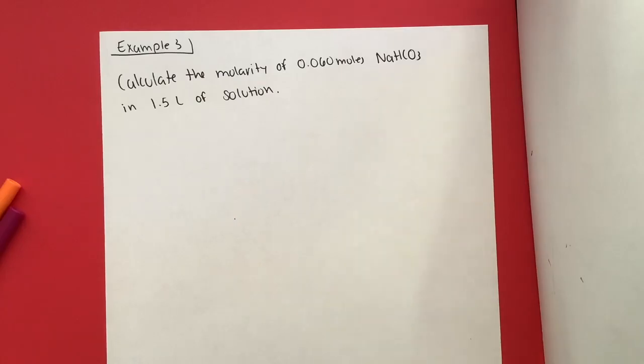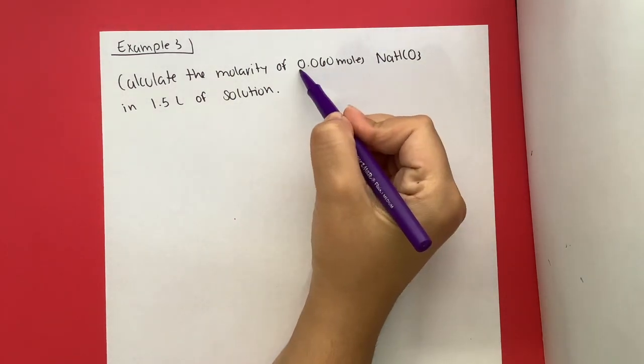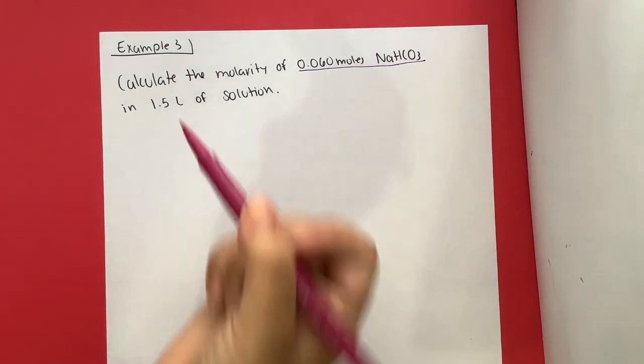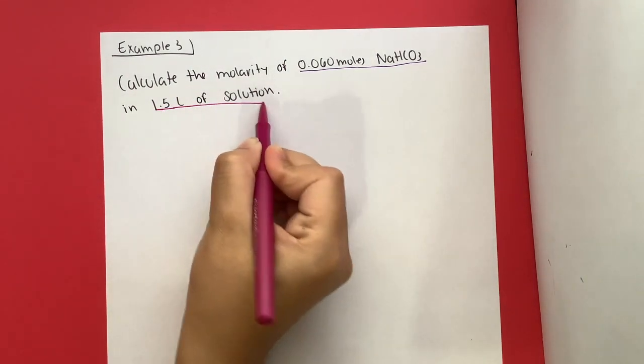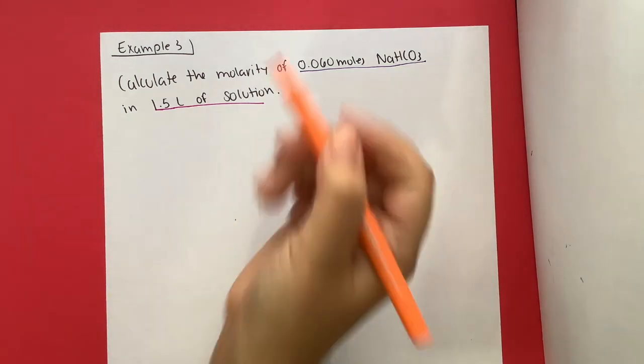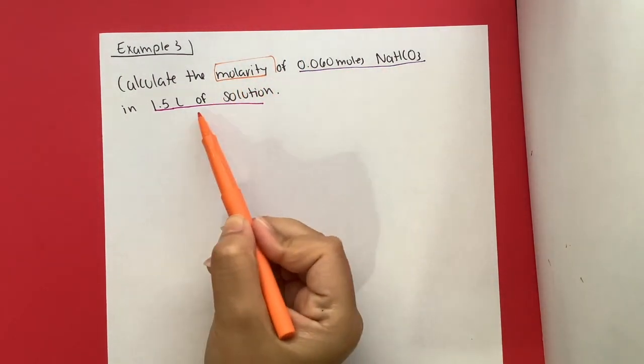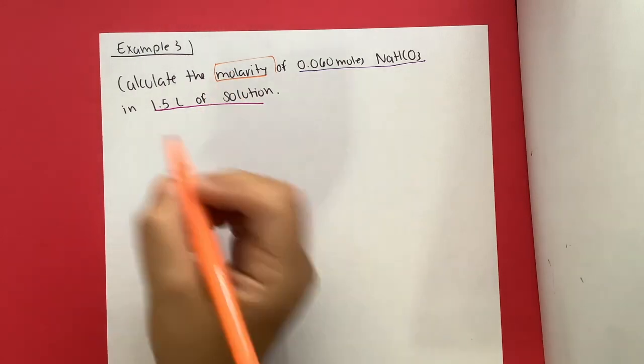And the last problem says, calculate the molarity of 0.06 moles of NaHCO3 in a 1.5 liter solution. Okay, and they're asking us for molarity. So they're giving us the moles, they're giving us the liters, and they're asking us for molarity.